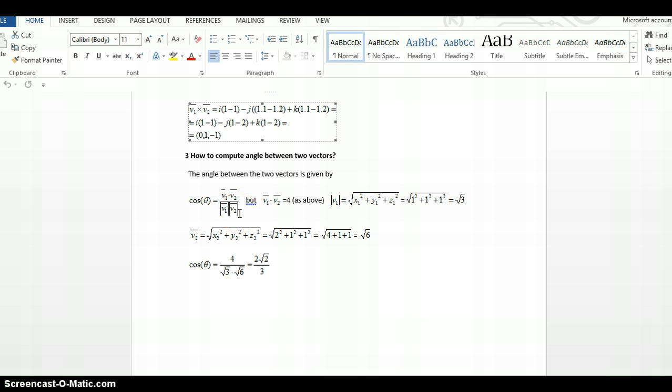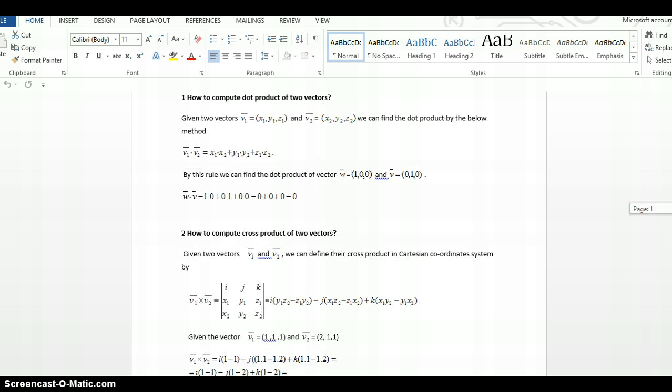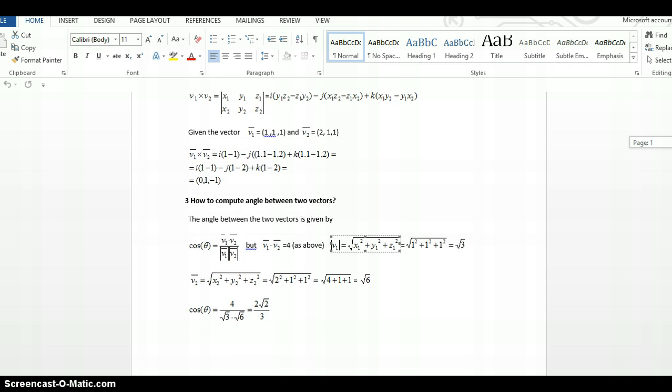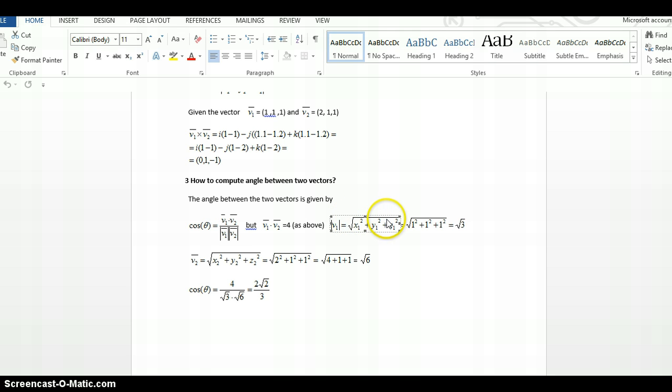We know that the modulus of a vector, or the positive magnitude of the vector, is the root of the sum of the squares of all its components. For vector v1, we have x1, y1, and z1. If we take the square of all the components, sum them, and take the root of the result, that is the modulus.